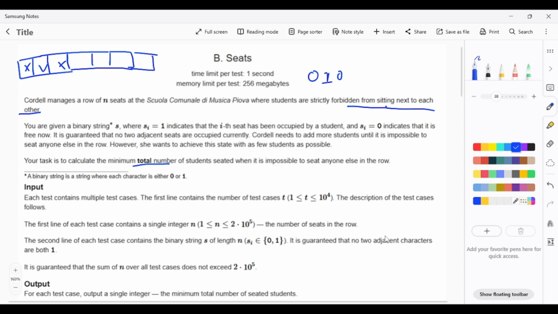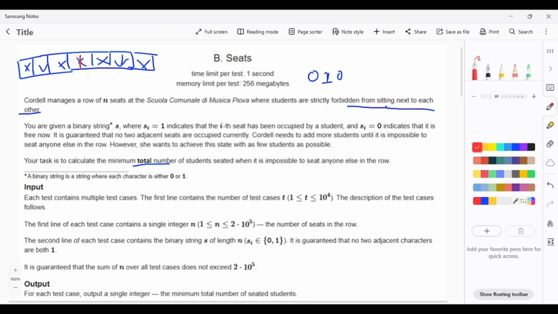For example, if there is no student here, and there is a student, and there is no student here, can we add any other student here? Actually yes, we can add a student here and a student here.